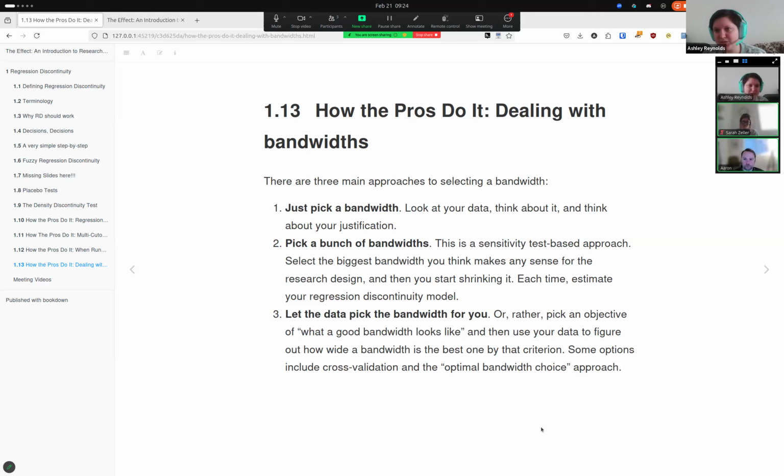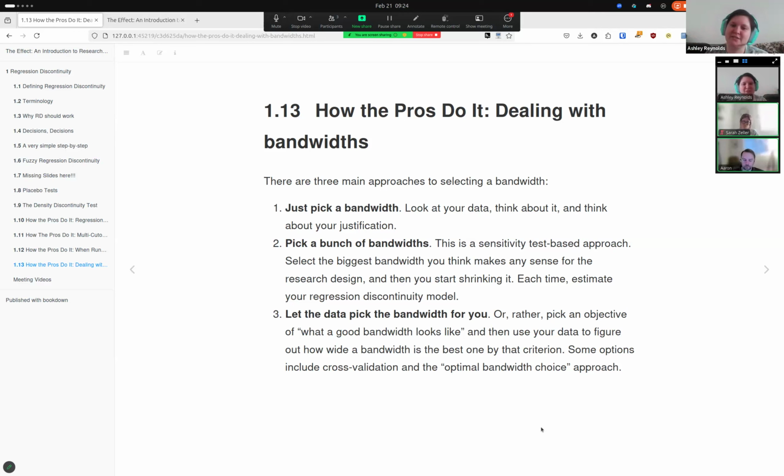The second option is to select a whole bunch of different bandwidths, and basically you run a sensitivity test-based approach. So you select the largest bandwidth that you think makes sense for the research design, and then you start shrinking it. You estimate the RD model for each of those different bandwidth levels and compare them. The last option is I guess the most data intensive way to run this, and that's letting the data pick the bandwidth for you.